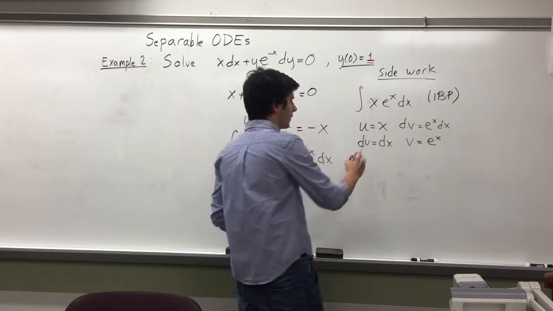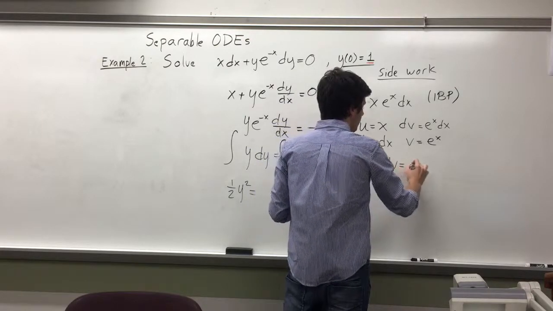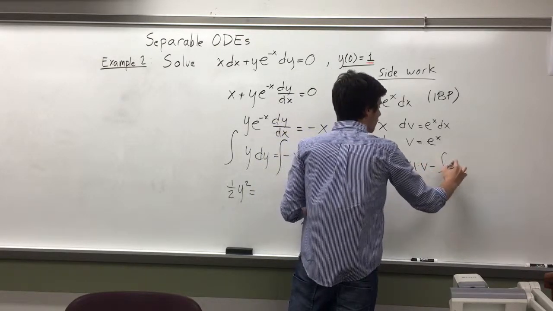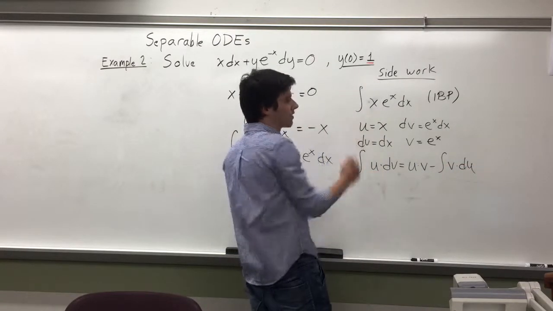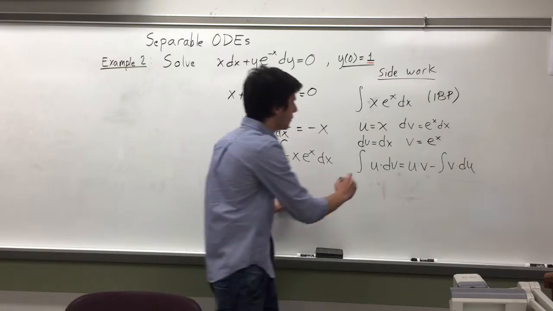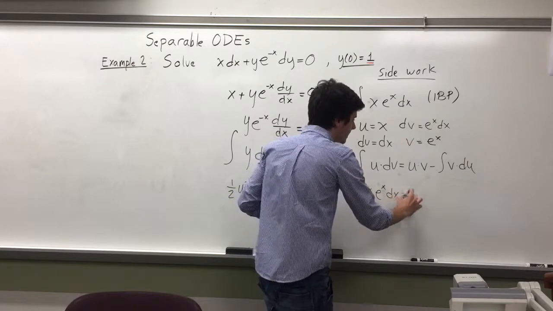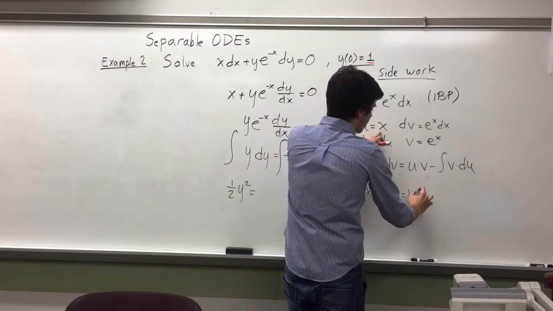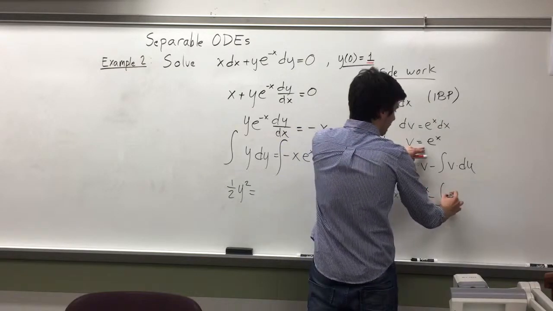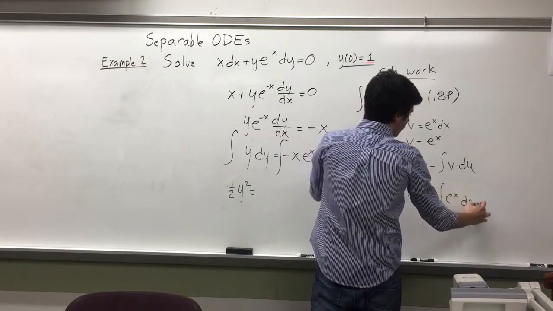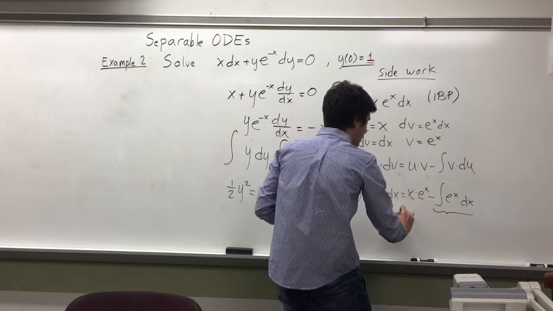And our general formula for integration by parts is the integral of u times dv is equal to u times v minus the integral of v times du. So translating to what we were given, we have that the integral of x times e to the x dx is equal to u, which is x, times v, minus the integral of v, which is e to the x, du, which is dx. And we know that the integral of e to the x dx is just e to the x.